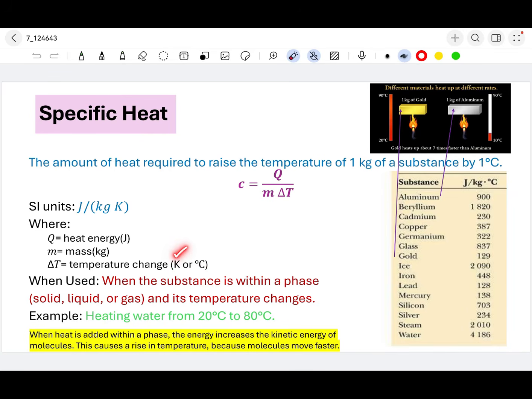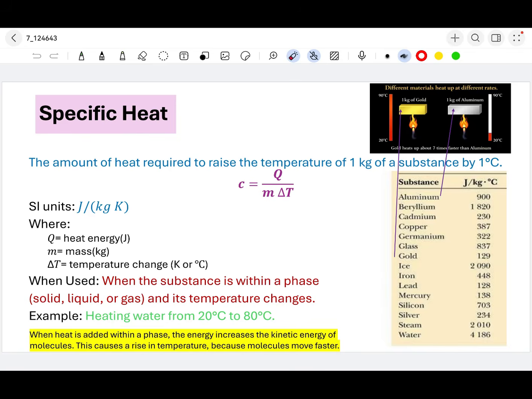Okay, no issues. SI unit of the temperature is Kelvin, but here it's okay. So therefore the SI unit of the specific heat is joule over kg Kelvin, or we can go for joule over kg degree Celsius. Both are the same.